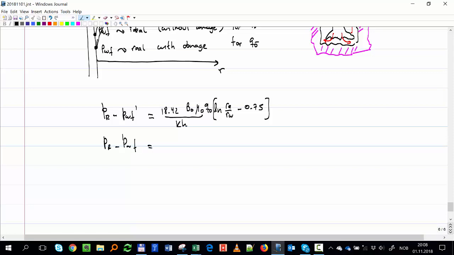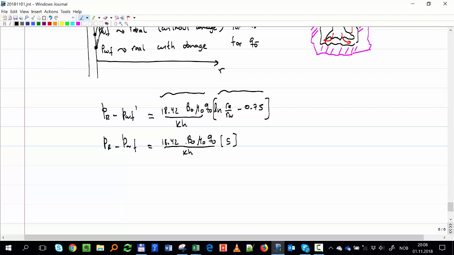I'm going to express it in the same way. It's just a trick. I'm just going to express it saying 18.42 BO MO QO over KH. Now I'm going to use an S here, because all of that is a constant that depends on the actual wellbore.